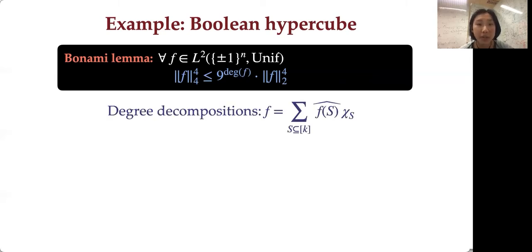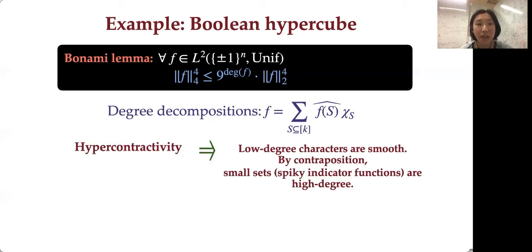The degree decomposition for functions over the Boolean hypercube is precisely the Fourier decomposition. Here we have chi of s being the Fourier character and f hat of s being the Fourier coefficient.